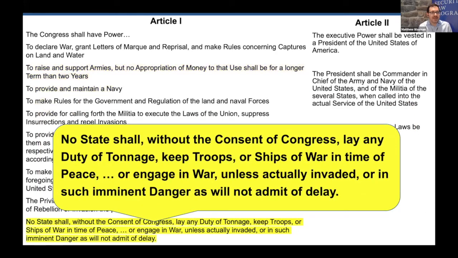Turning next, basically states can't wage wars on their own. I think that's the main takeaway from this clause here. Note that we usually think about war powers as an issue of horizontal separation of powers between the branches, mostly between the political branches. But the original Constitution also involved vertical separation of powers between the national government and the states.